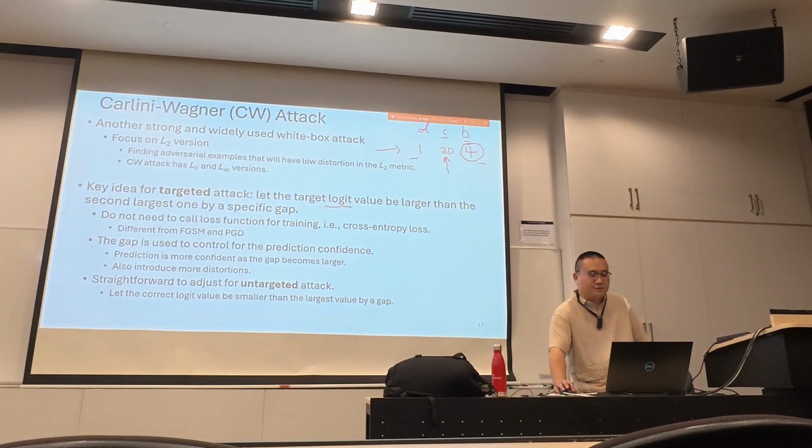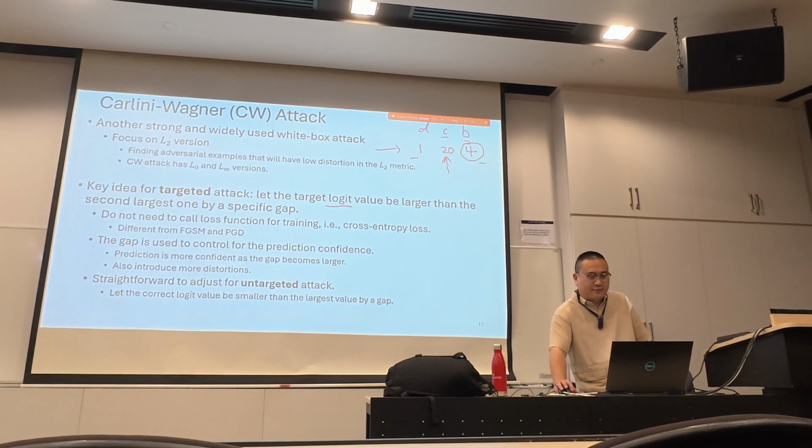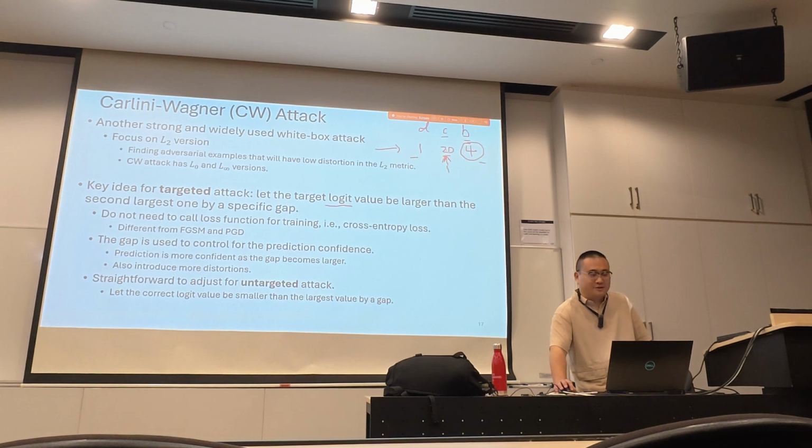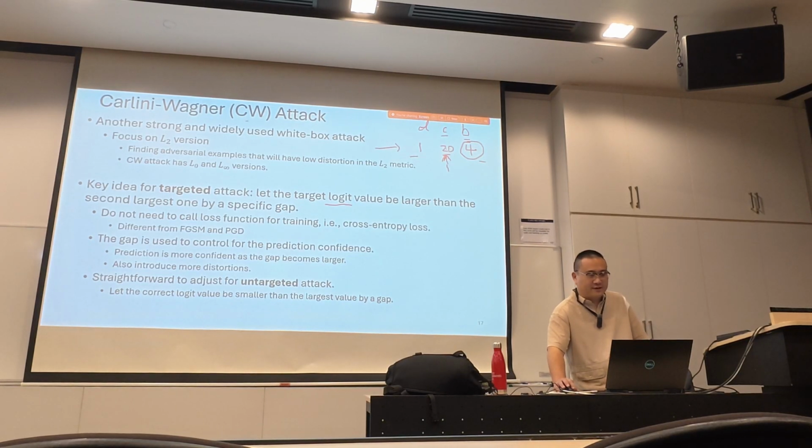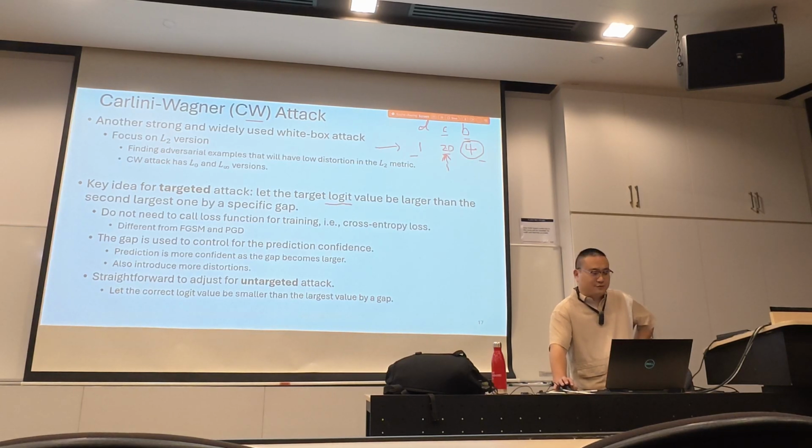The loss function can be cross entropy or another loss function, but that does not matter. What we do is directly operate on the output logits of the model. We want the target logit to be the largest value, and in this way, we can change the prediction of the model. This is the key idea of the CW attack and also the difference compared to PGD and FGSM.